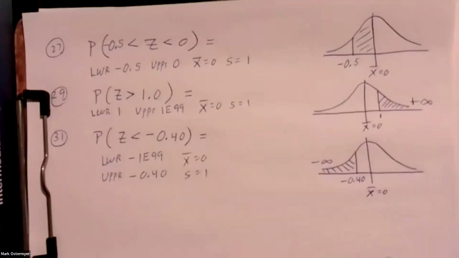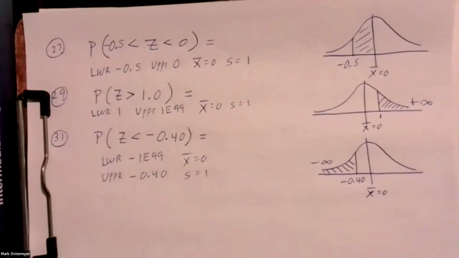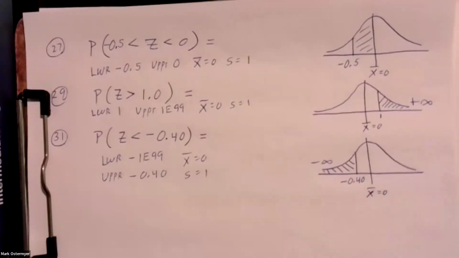Using our calculator, lower is negative 0.5, upper endpoint is 0. Calculate, and you get the area as 0.1915.